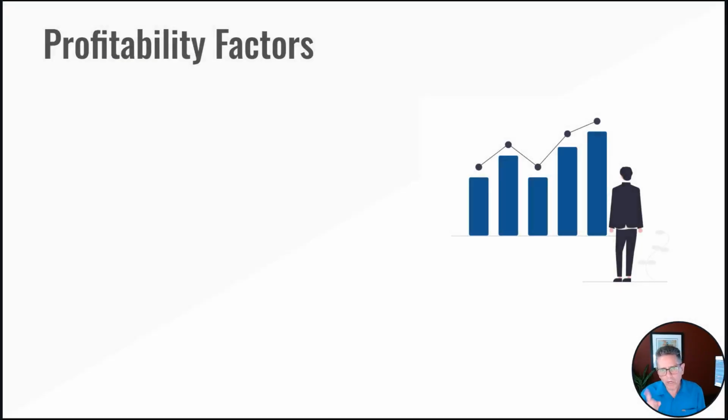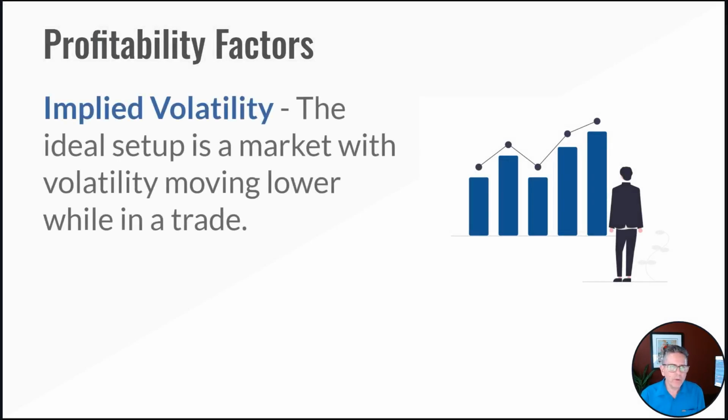We already talked about one probability factor, which is decay. The other is implied volatility. The ideal setup is to put on the trade when the market has higher volatility, and after you put on the trade, the volatility declines.